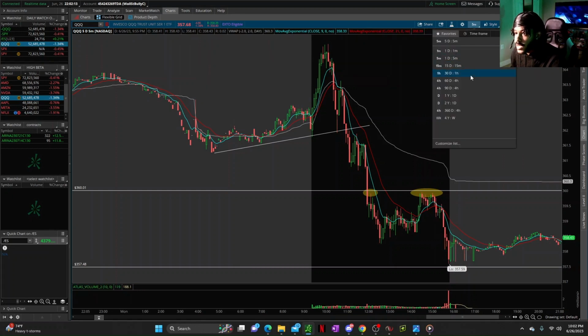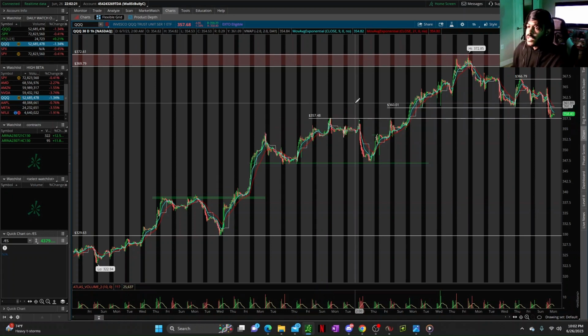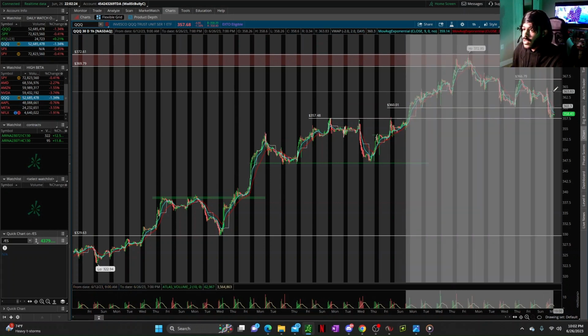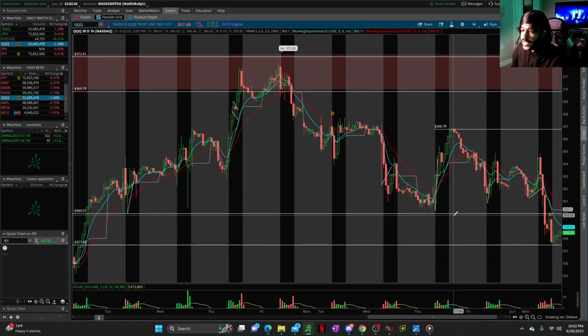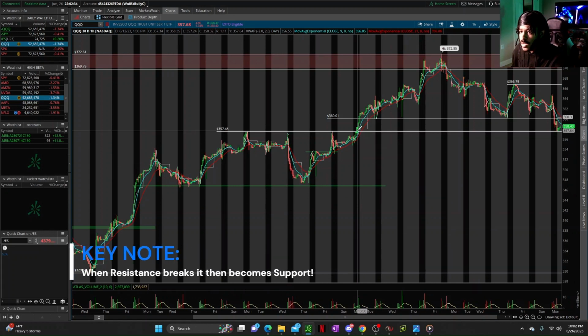And ironically, this is a level that was previous resistance, right? So when support breaks, it then becomes resistance. And when resistance breaks, it then becomes support.